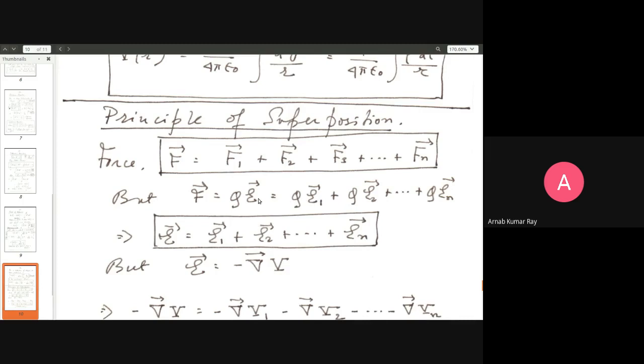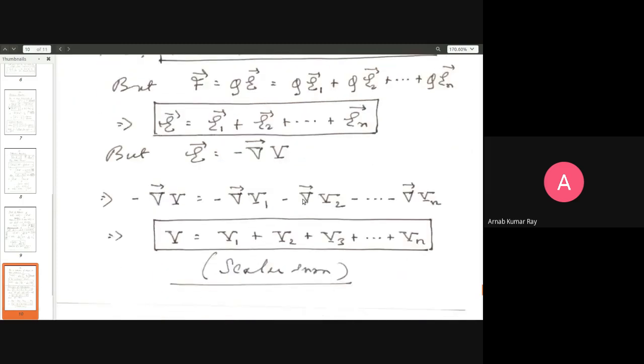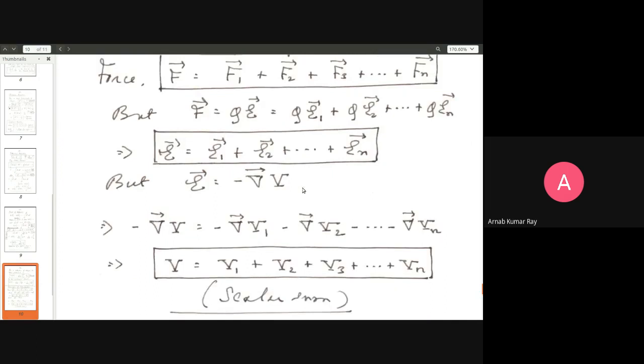And so E, all these Q's will cancel. E is equal to E1 plus E2 plus all the way to En. But then E is equal to minus gradient of a scalar function. So substitute all these things with this formula.